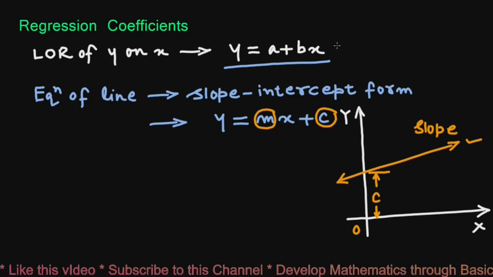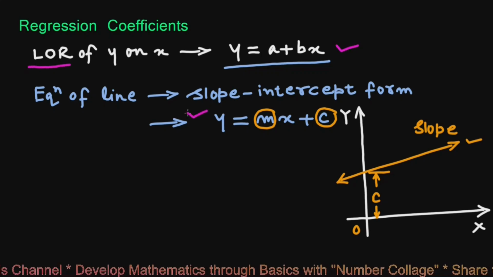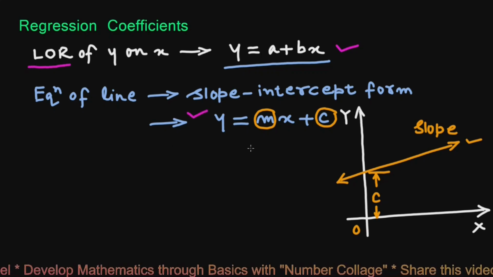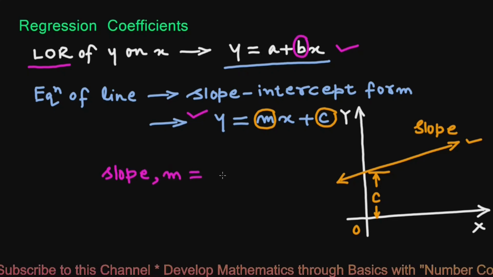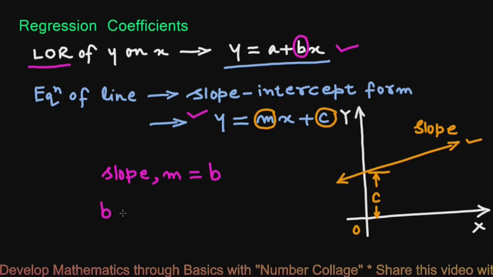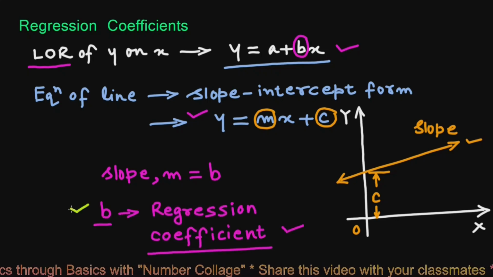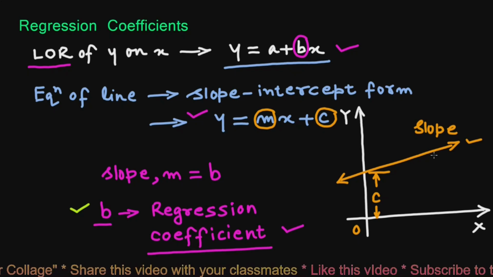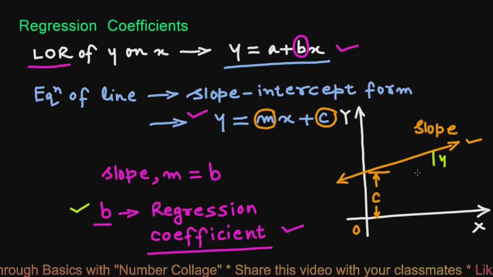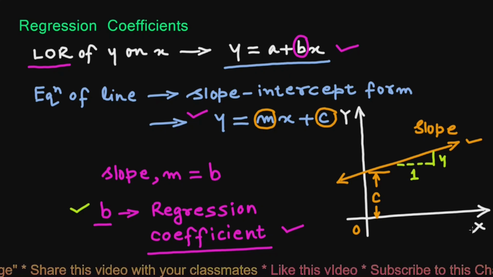If we compare equation of the line of regression and this equation, we find that slope of line of regression m is this b, and this b is called regression coefficient. This regression coefficient or the coefficient of regression represents the increment in y for a unit change, that is 1, in the value of x.